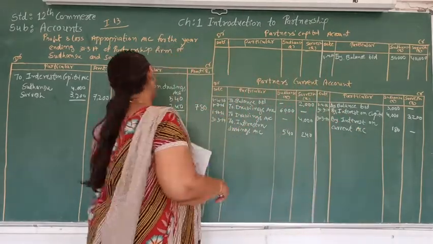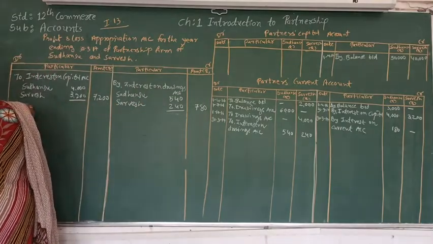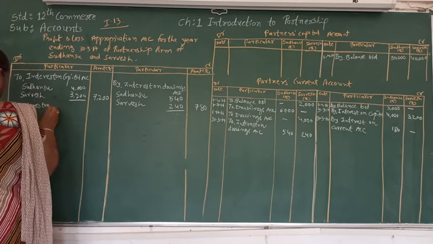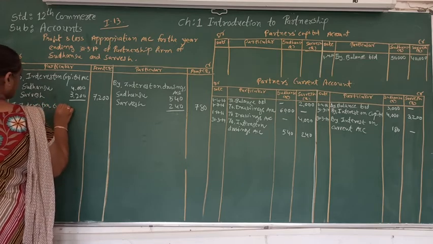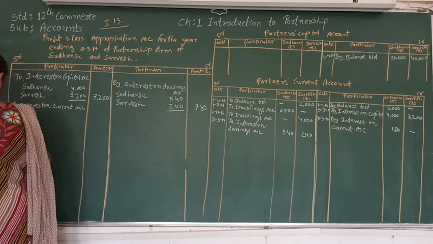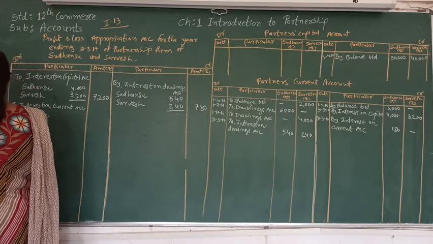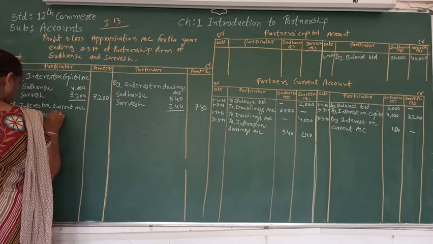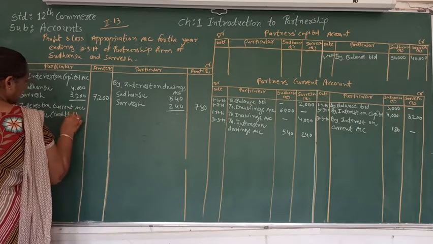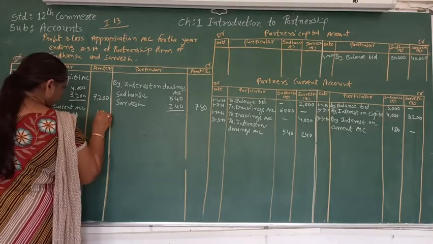So that we have to write on the debit side to interest on current account of Sudhanshu, and that is a credit balance. So here we are going to write down credit balance, and that's why it is an expense for the firm, and it will be 180.